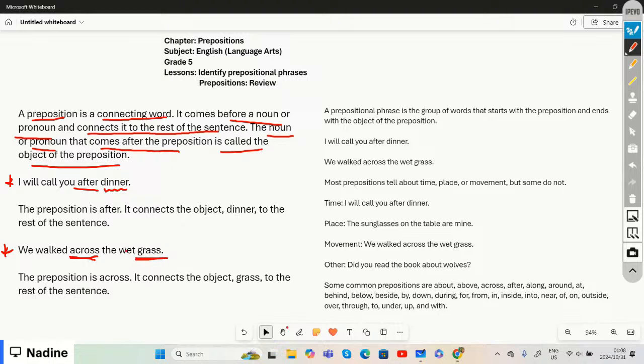Wet basically describes the grass. You can say it's dry grass, green grass, it really depends.